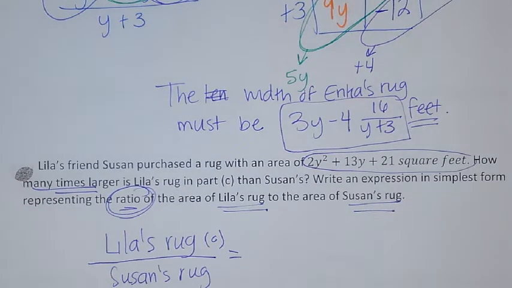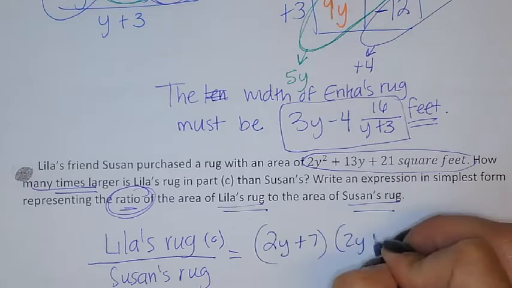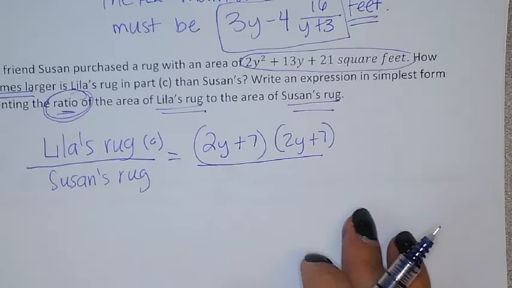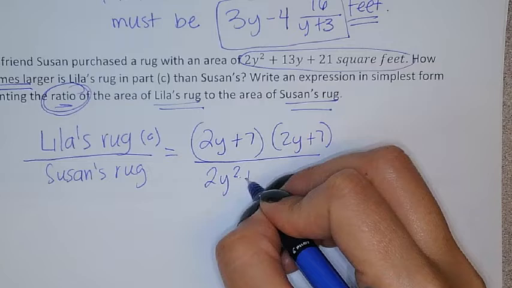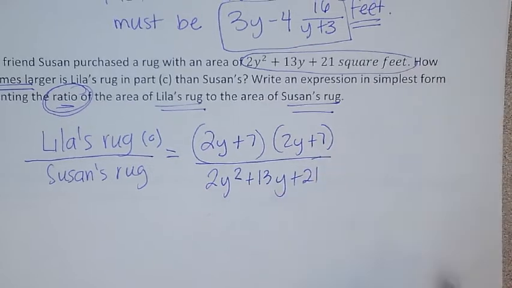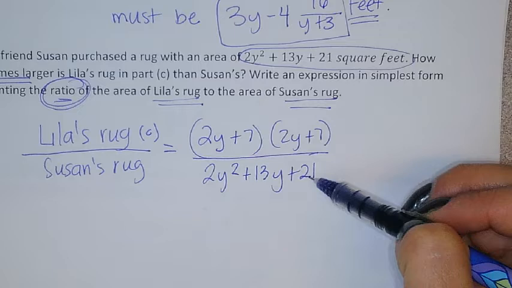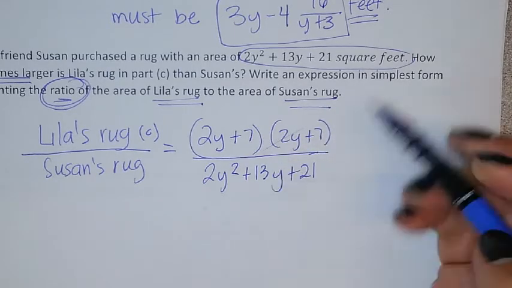is in factor form already. So in part C it was 2y squared plus 13y plus 21. So in class today, we also went over how we can simplify rational expressions if they're both factored and they have a common factor, and we can just cancel that out.